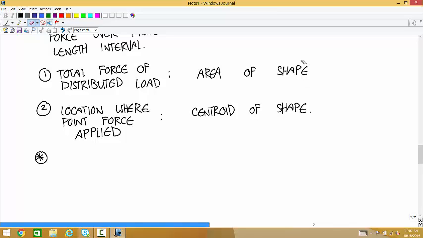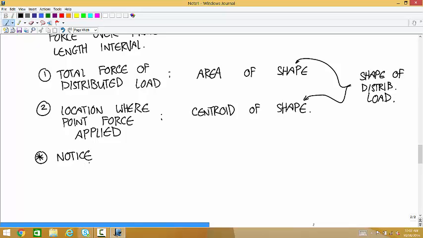So for both of these, the shape I'm talking about is the shape of the distributed load. Okay, so notice the distributed loads we're going to be dealing with are vertical.